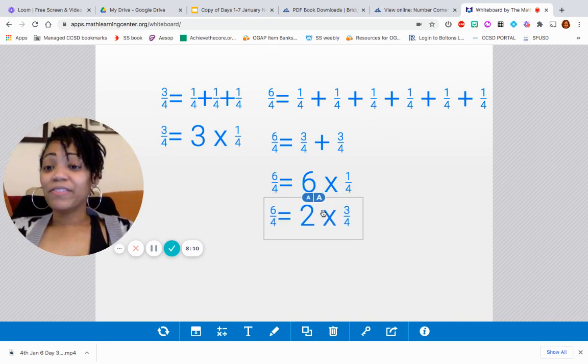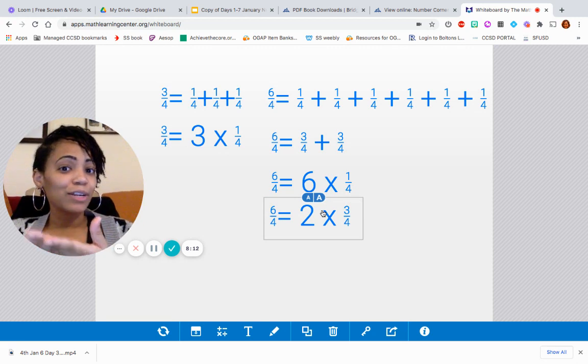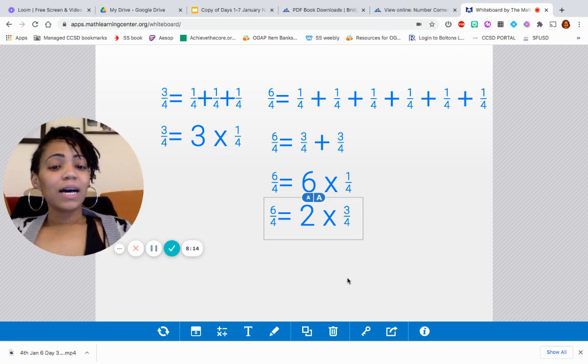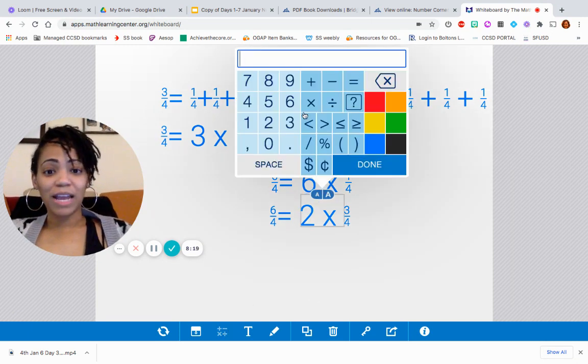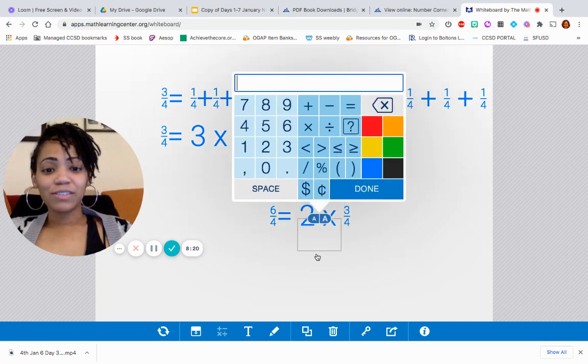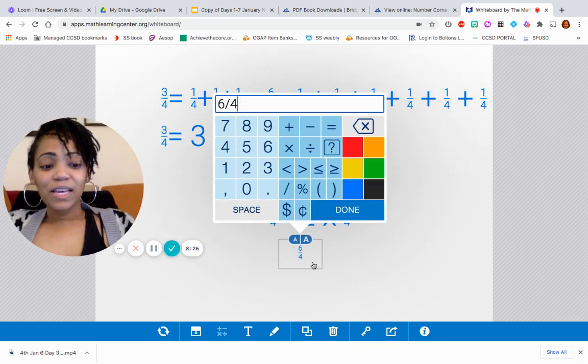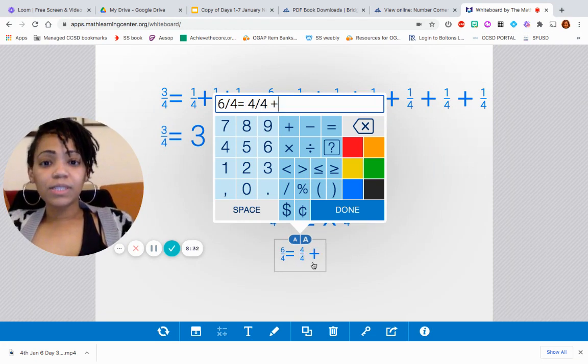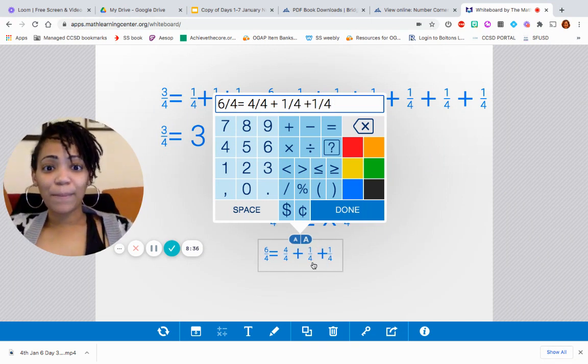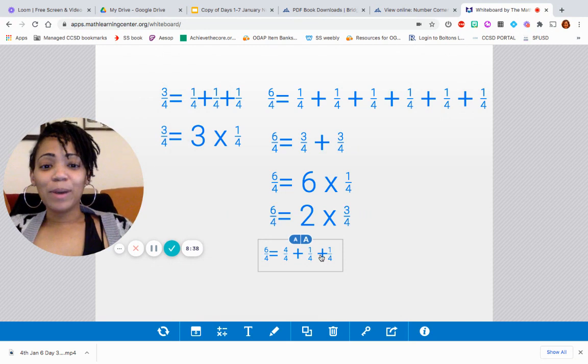Now, I want to be really fancy, and I want to show you another equation that I could create here, and maybe it'll help us in terms of writing a proper fraction for our second day of school in January. So 6/4 is equal to, I'm going to say 4/4 plus 1/4 plus 1/4. What do we know about 4/4?